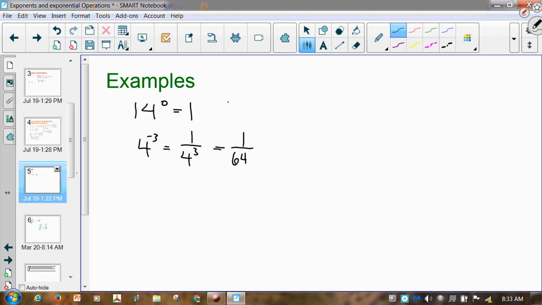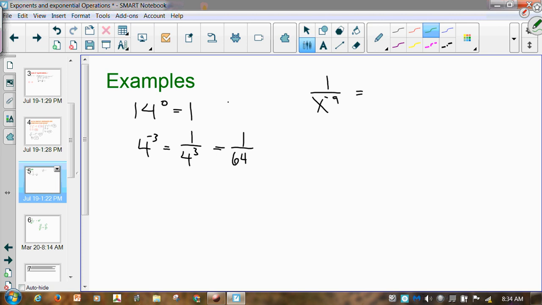Okay, what about, let's see, here's a good one, 1 over x to the minus 9th. And we don't know what x is, but we do know by the reciprocal rule that, and just for simplification, I call this taking it upstairs, okay?